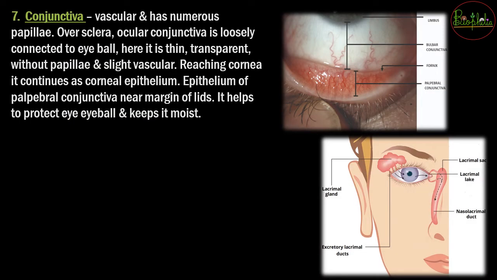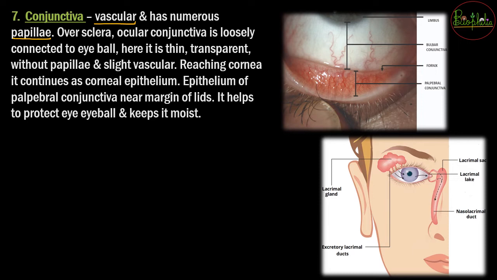The next is the conjunctiva that we spoke about, the lower part of your eye. Once you pull down your lower eyelid, you can see the conjunctiva. The conjunctiva is vascular, with a lot of blood supply there, and it is also numerous in papillae.